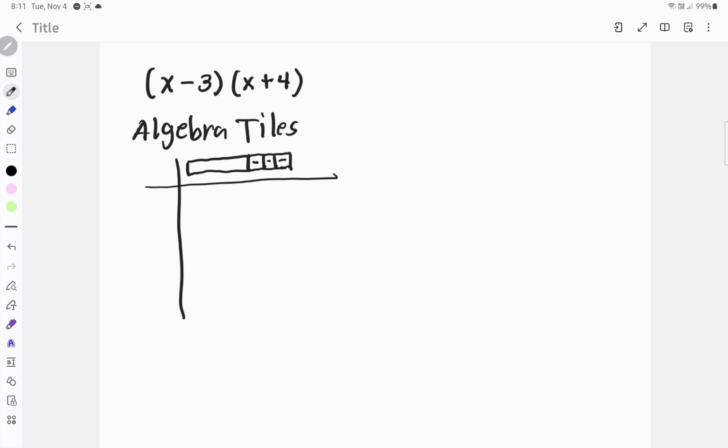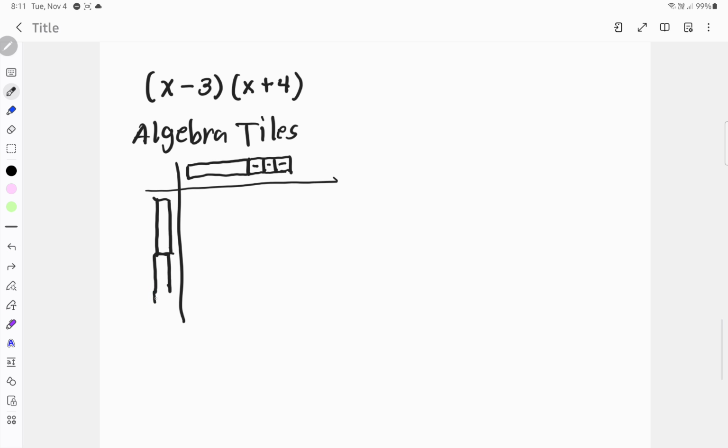Next, the other factor, which is x plus 4: x and then 4 small squares. Oops, let me fix it. I think that's better. Since it's positive, that's way better.